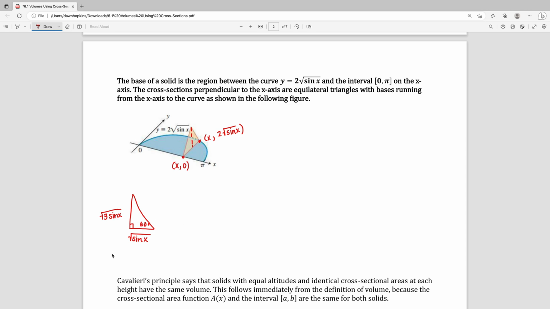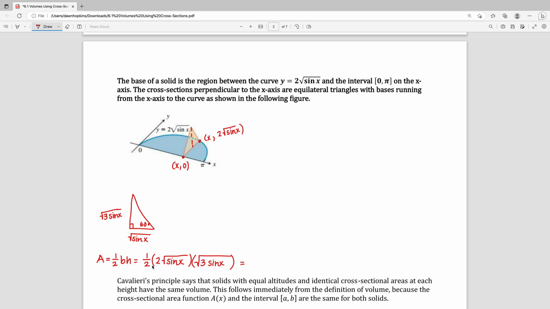So now we have the base and the height of our triangle. So the area is going to be 1/2 base times height. The base, again, is 2 times the square root of sine x. The height is the square root of 3 sine x.